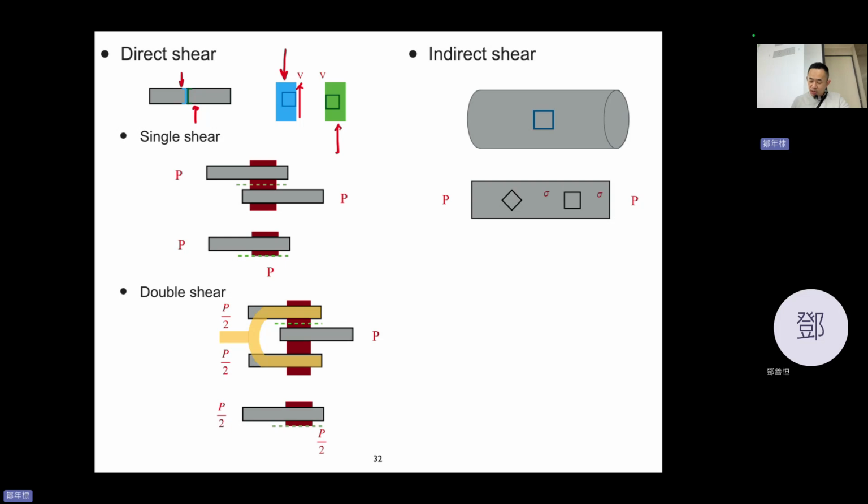Otherwise, if there's no shear force, this blue part will go down. Likewise, on the right hand side you have the upper force, so you need a shear force downward. So this V, we say this is shear force.